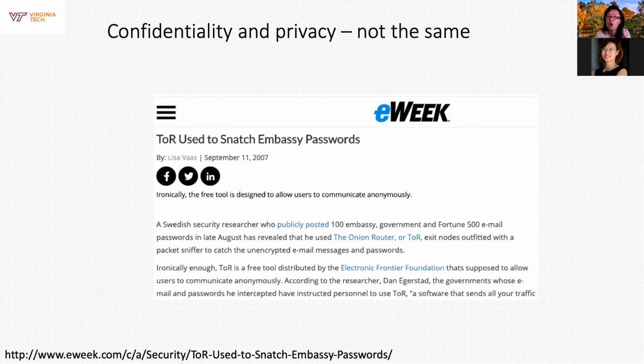That means Google will be able to see our messages. And Virginia Tech will probably be able to see our messages as well.